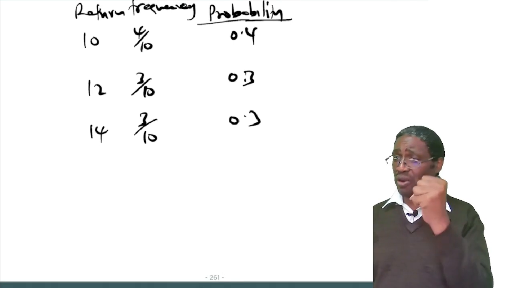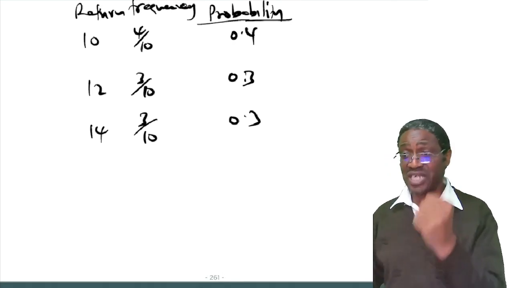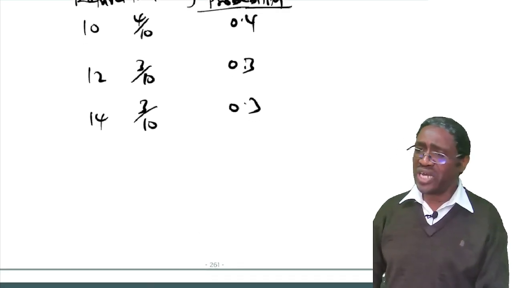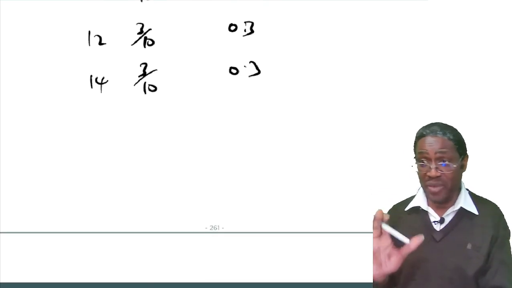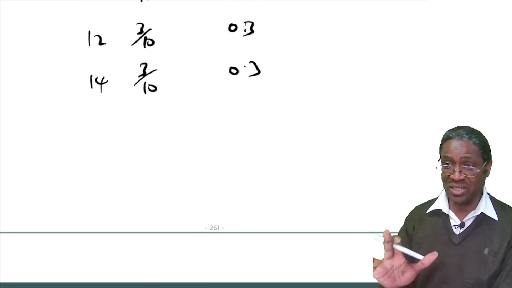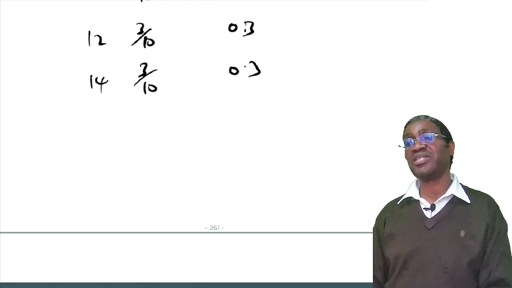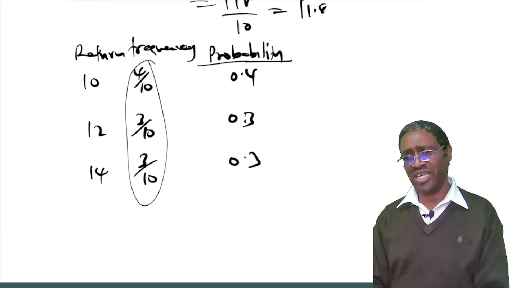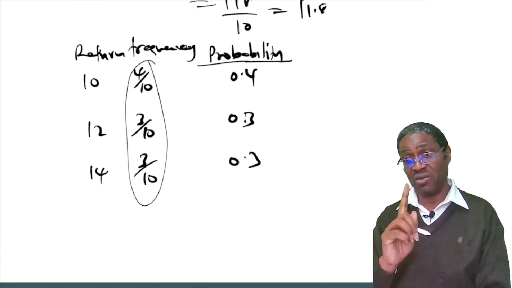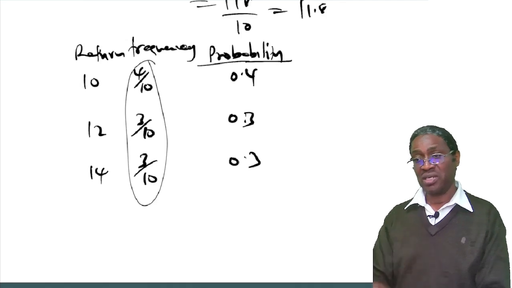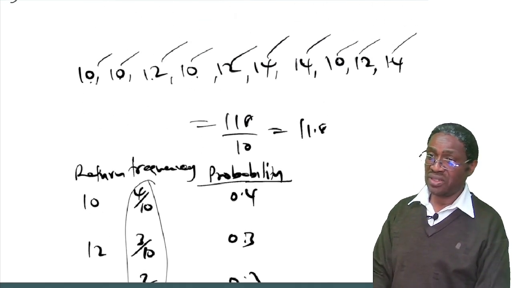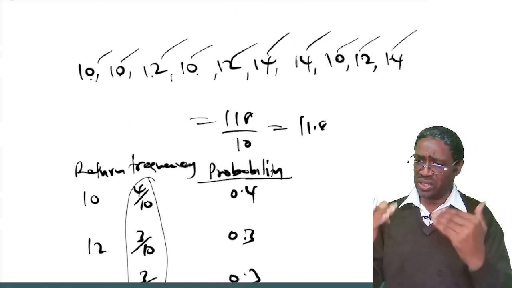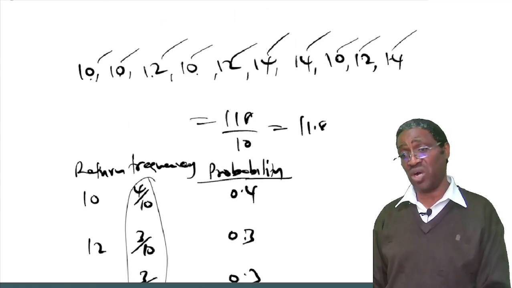Good. Now listen. You can now use probability to determine the return, the average or the mean return. So to get the return where there are some probabilities, that's what I'm introducing now. The examiner will not give you these frequencies. I started with the raw data of 10 years. Then I had to identify the frequencies in which these returns are occurring.